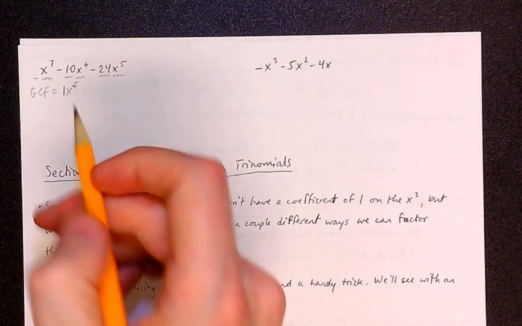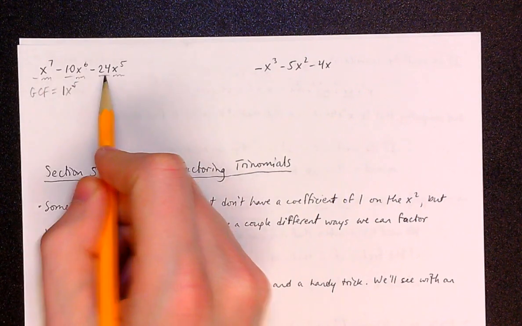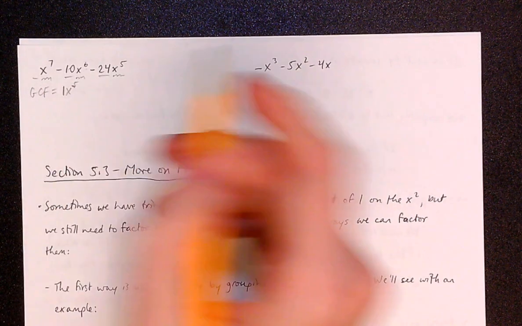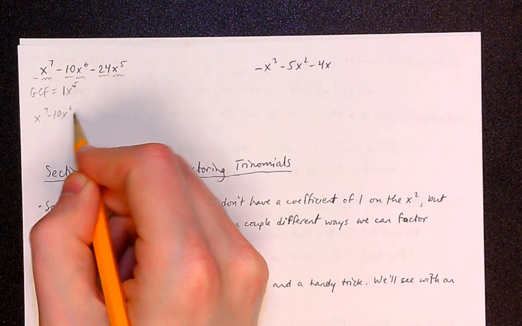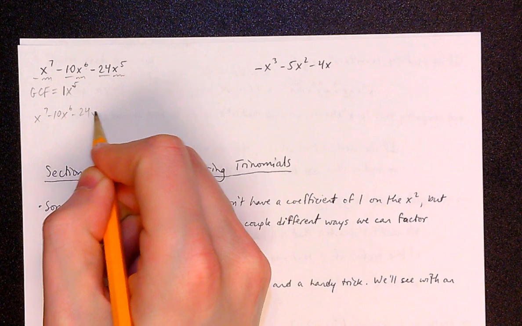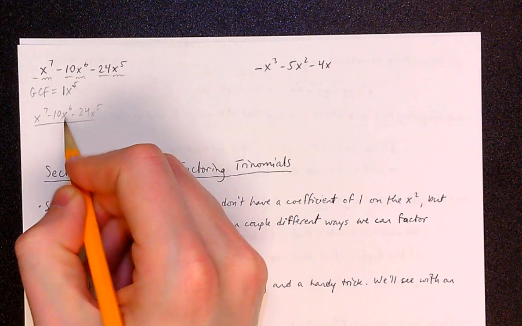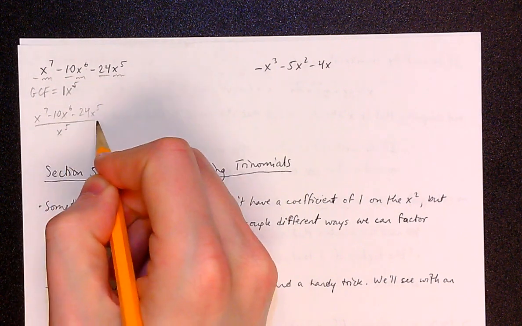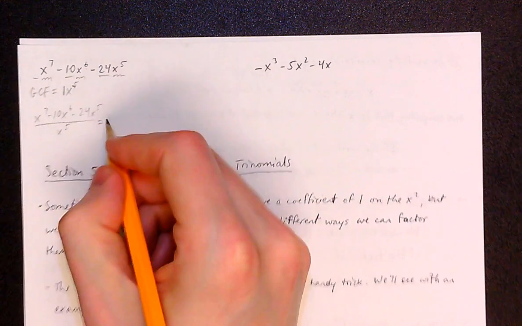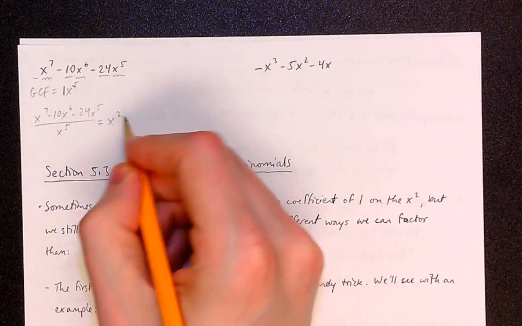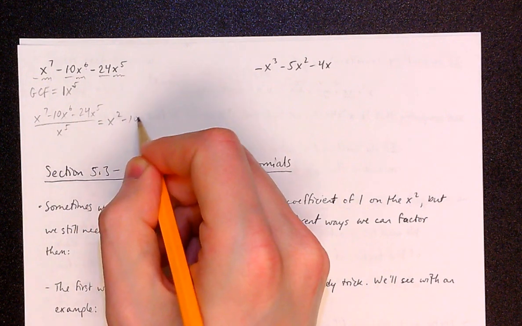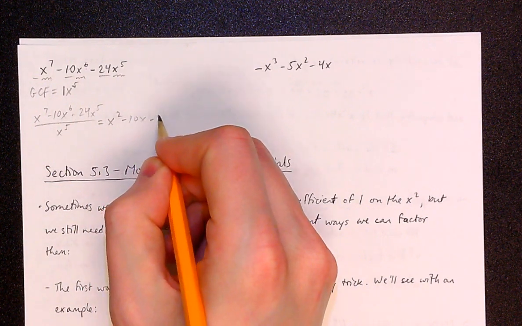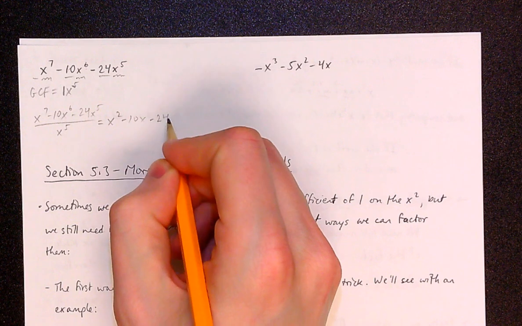All right, divide the given polynomial by that GCF. And you get x squared minus 10x minus 24.